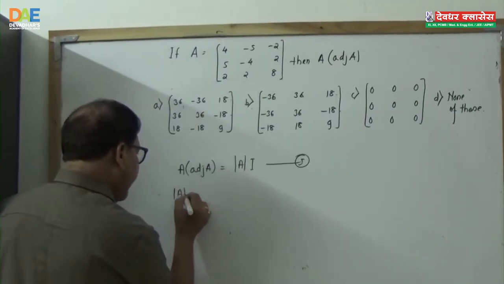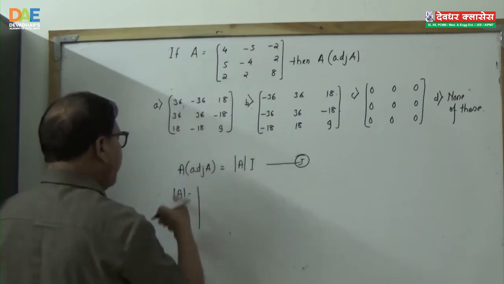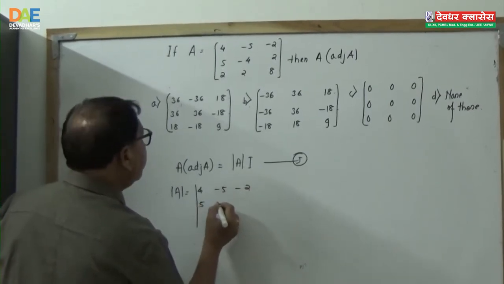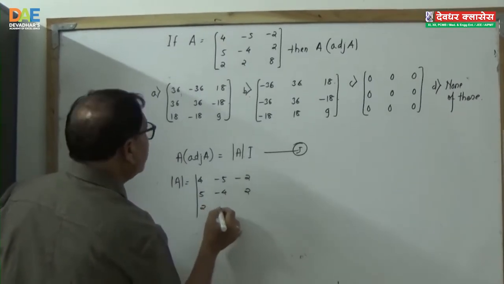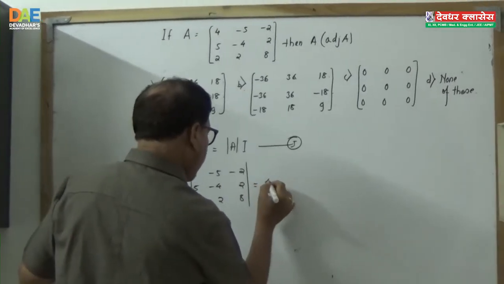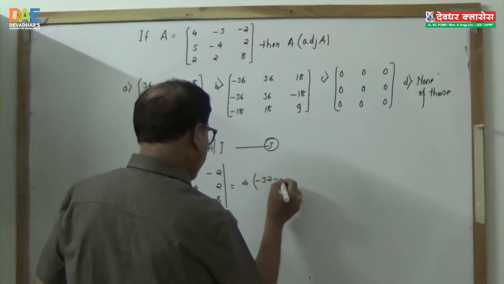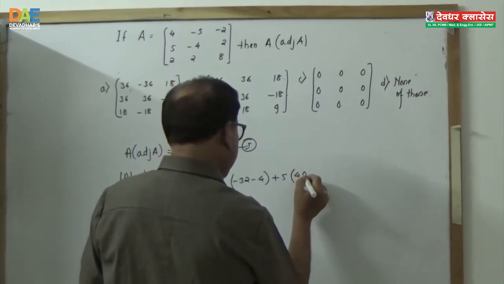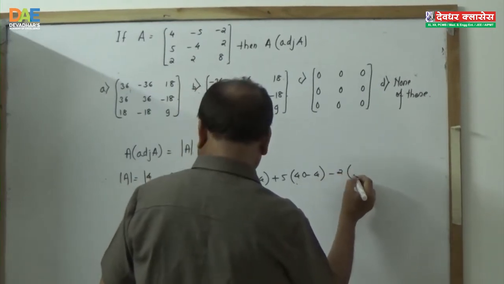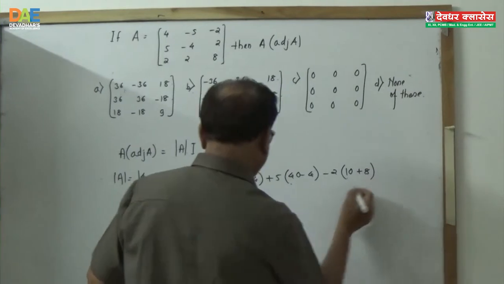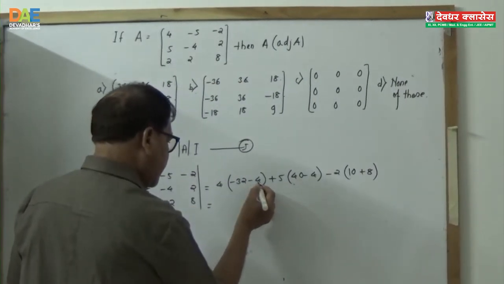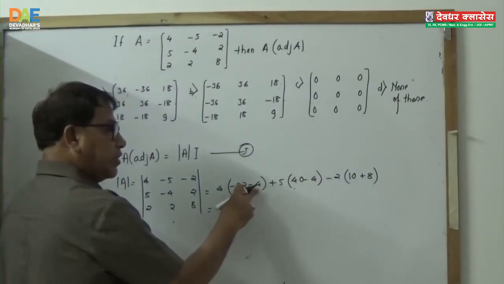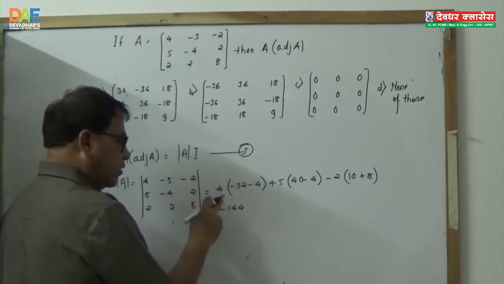That is the determinant of A, the value of the determinant of the given matrix, 4, minus 5, 2, minus 2, 5, minus 4, 2, 2, 8, that is equal to 4 into bracket minus 32 minus 4, minus of minus, plus 5... that is 4 times minus 36, that is minus 144.